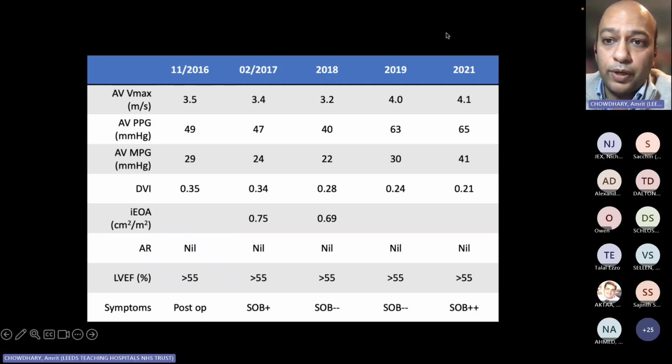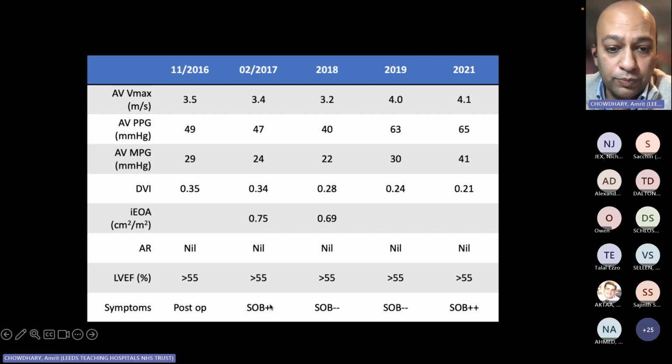So she was followed up quite closely, 6 monthly to a yearly basis. These are all her interval scans showing all the gradients. As you can see, her Vmax up to 2018 remained roughly the same, as did her pressure gradients, and her DVI hadn't changed much. There's no AR, LV function remained normal.